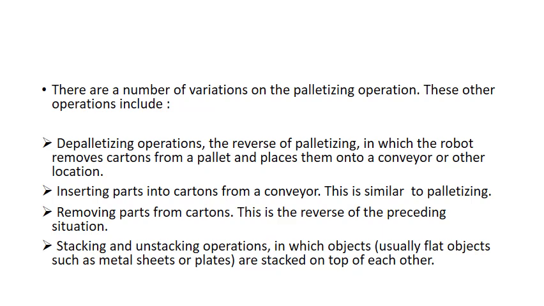Inserting parts into cartons from a conveyor. This is similar to palletizing. Removing parts from cartons. This is the reverse of the preceding situation. Stacking and unstacking operations, in which objects, usually flat objects such as metal sheets or plates, are stacked on top of each other.